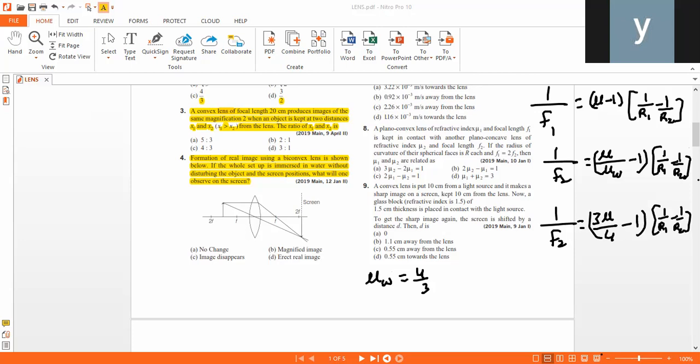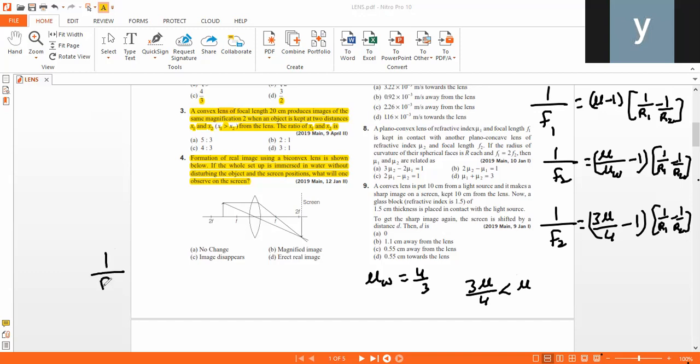That means whatever be the value of mu, 3 mu by 4 is less than mu. That means 3 mu by 4 will be less than 1.